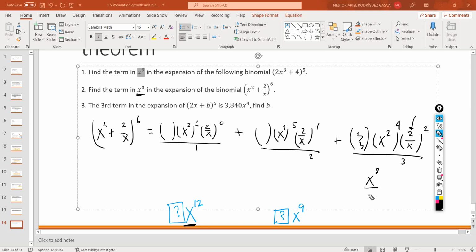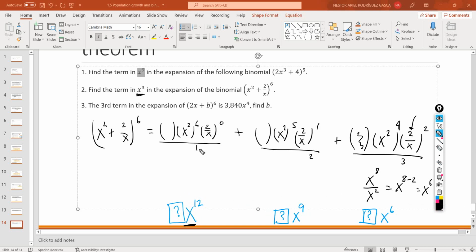So after I perform that exponentiation, I will get x to the 2 as a denominator, and then I apply the laws of exponents. There you go. And finally, we get x to the 6. So eventually, after you simplify this term as much as possible, you will get some coefficient, we don't know what coefficient, times x to the 6. Okay, and then you can see the pattern, guys. You can see the pattern here. Look.